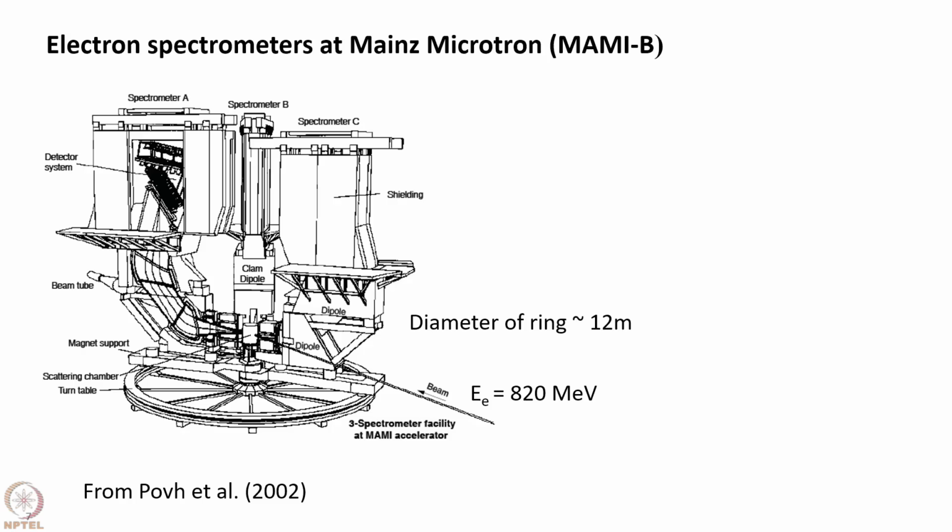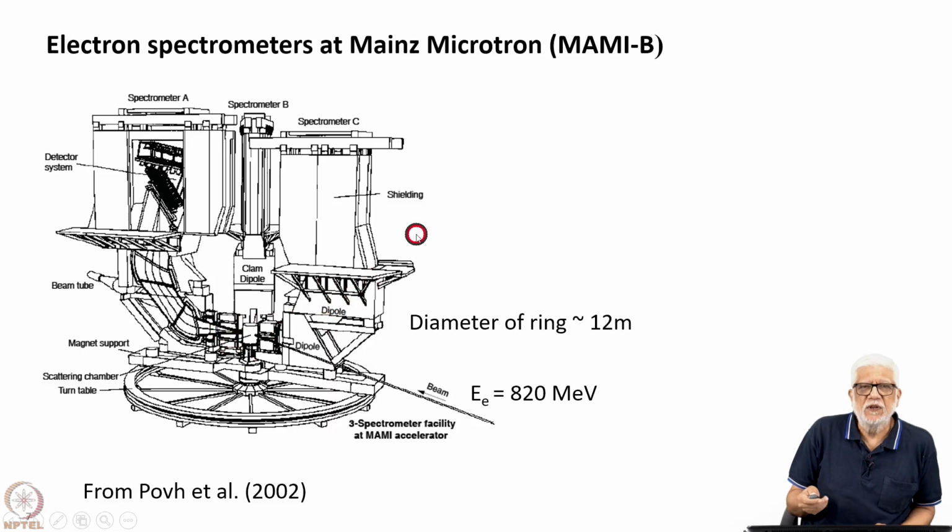This is an example of another electron spectrometer, which is at the Mainz microtron called MAMI-B, and there are three spectrometers, spectrometer A, B and C. They look at the electrons which are scattered when the electron interacts with a target somewhere here, and then these are taken up in various spectrometers like this, out of the plane of the scattering, and then you can make measurements on these.